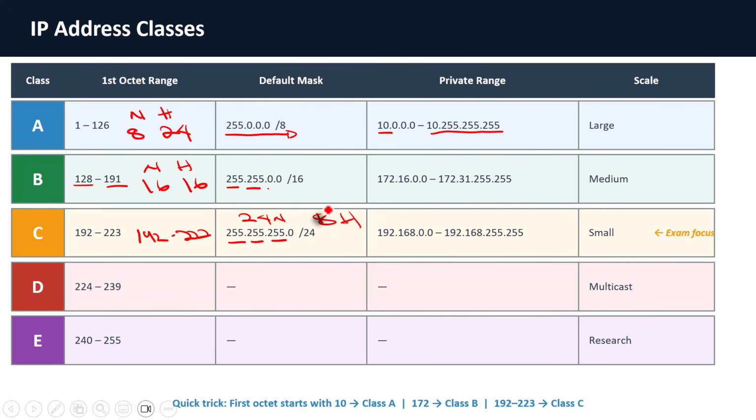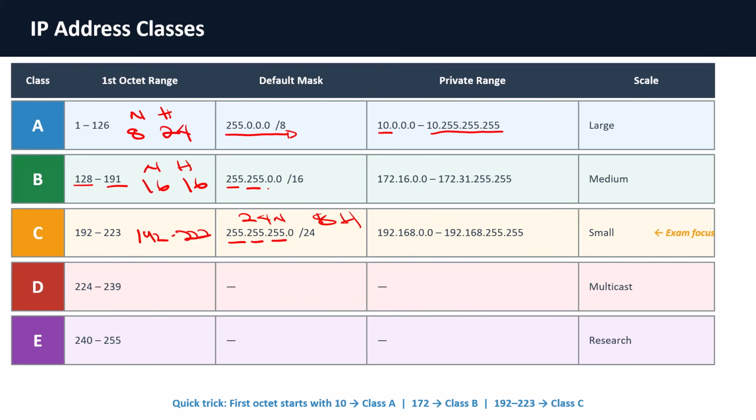Now it's important for you to remember these things, because they will always help you when you are doing subnetting. There are other classes we talked about. Class D starts from 224 and was reserved for multicast, where one device sends data to a group of devices simultaneously, like the one used in telephone masts and so on.